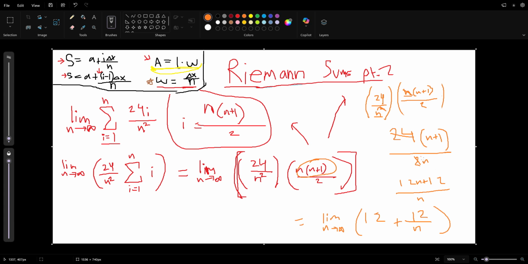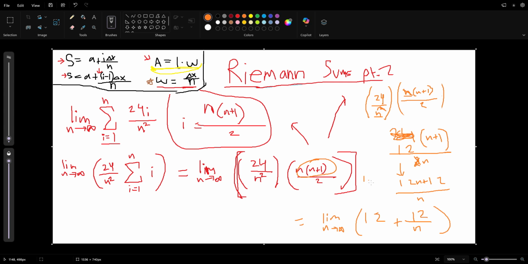So let me explain how I got this. Alright, so first cancel out the 24 and 2. 24 divided by 2 is just 12, so I just replaced it with 12 times n plus 1 over n. So now I just distributed the 12 to n and 1, so it's down here, 12n plus 12 over n.